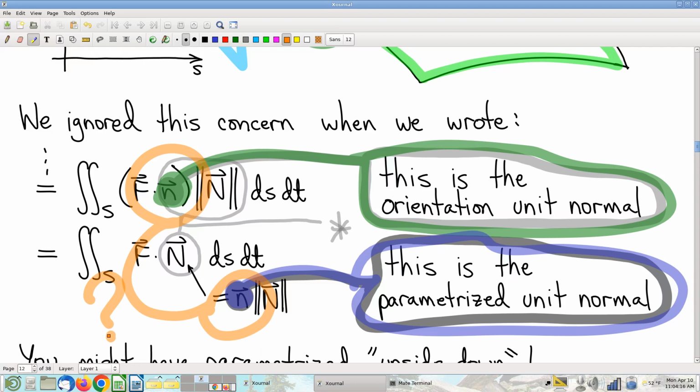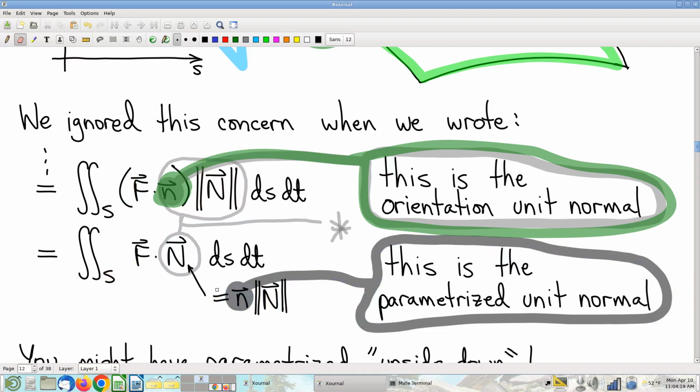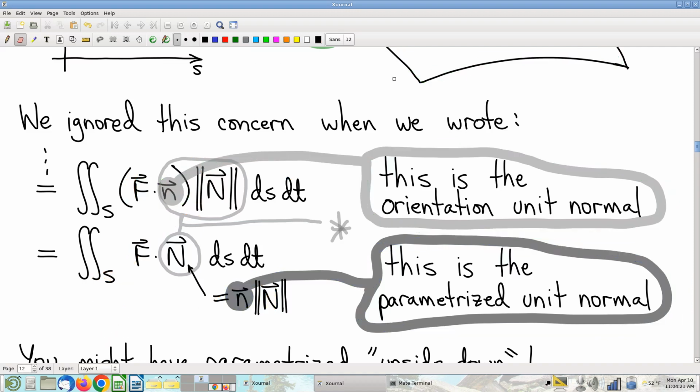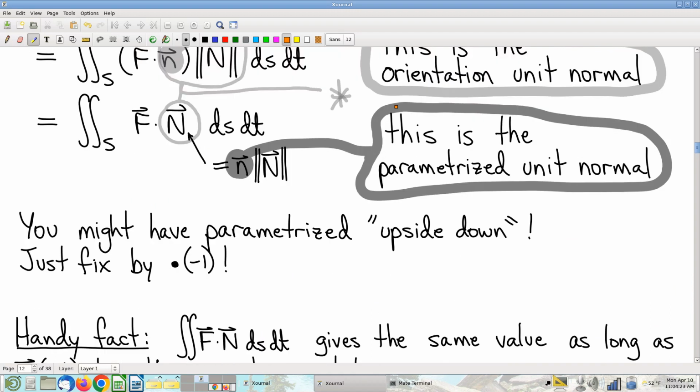Okay. All right. So, how do we deal with this? Really good news. You don't have to worry about it as you're parameterizing. Just parameterize any way you want. At some point in the calculation, it will present an opportunity to visually inspect and see if you parameterized the right way.